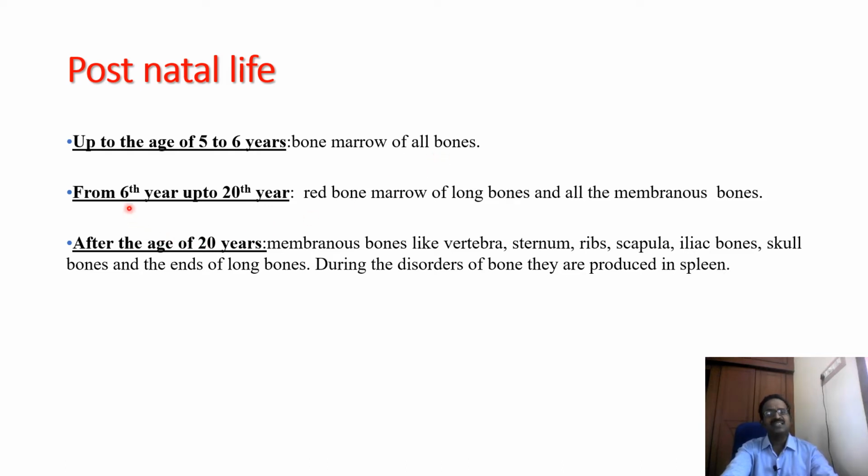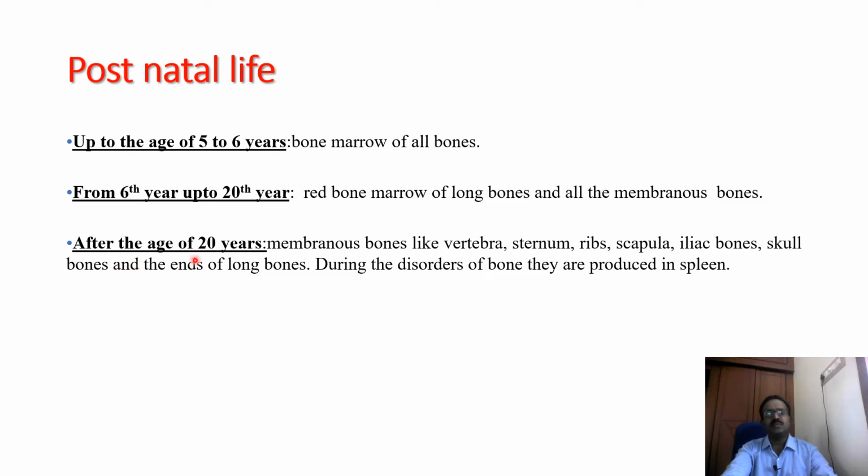From the 6th year up to the 20th year, red cells are produced from the red bone marrow of the long bones and the membranous bones like the clavicle.